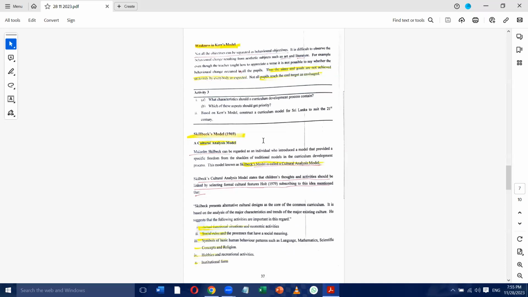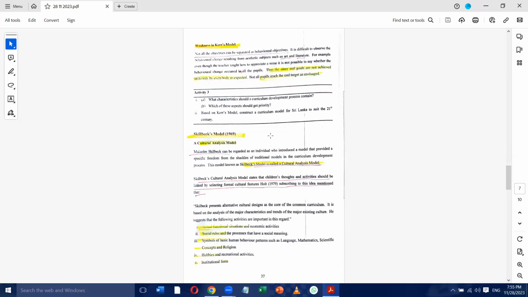So he has taken the cultural influence into consideration when drawing up the curriculum. Because the student should not be forced to learn anything that is beyond his culture or unknown to him. That is his point of view. The writer introduces the term shackles here, which means it prevents free action, right? From the traditional models, all other models.